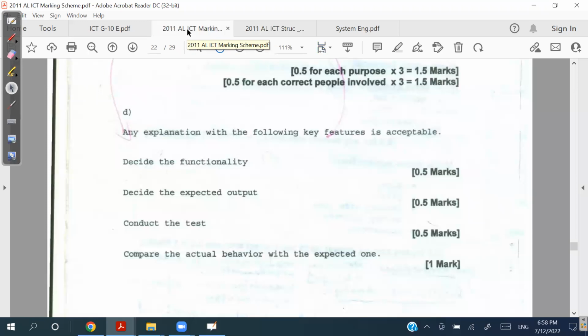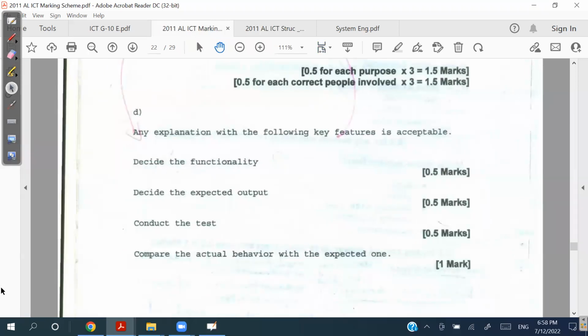Then how we are going to carry out the test is you are dialing the number and pressing the call button and check whether it is connecting with the correct mobile phone that you were planning to connect with. So if it is being connected, then the black box testing is passed. If it is not connected, then the black box testing is failed, right? So likewise, you have to explain how the functionality is going to be tested, right?